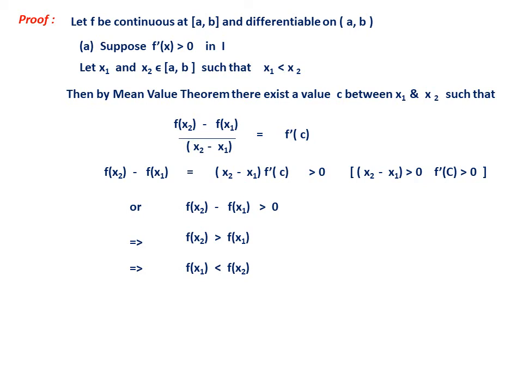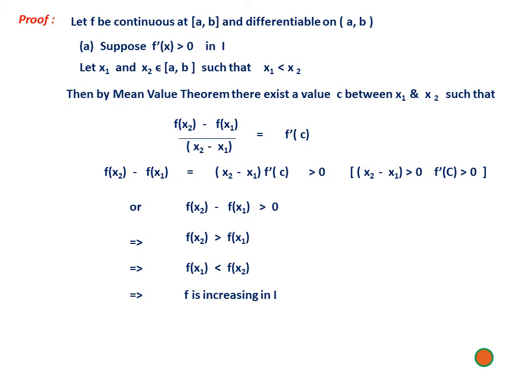So by definition, x1 less than x2 implies f of x1 is less than f of x2. Definitely the function is increasing, so f is increasing in I. This is the proof for increasing.